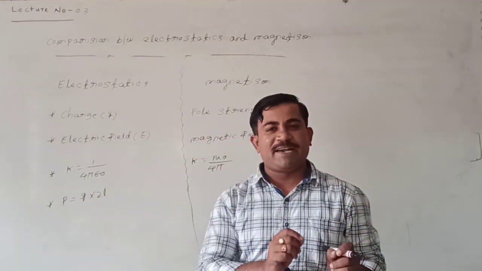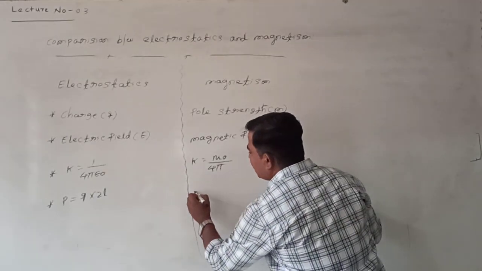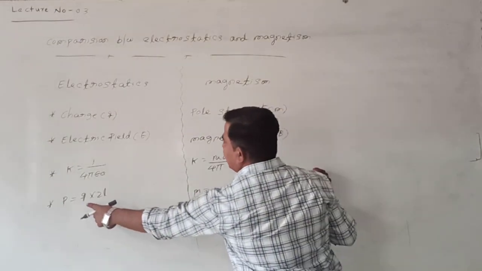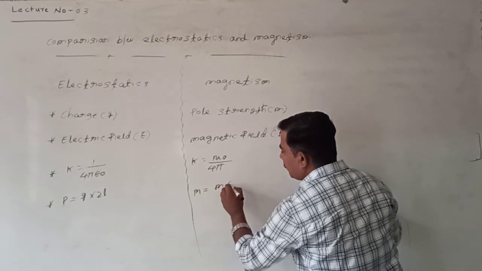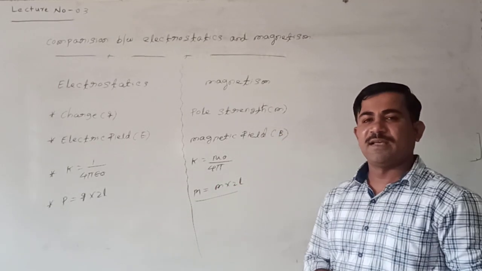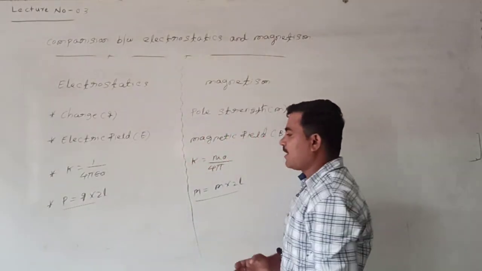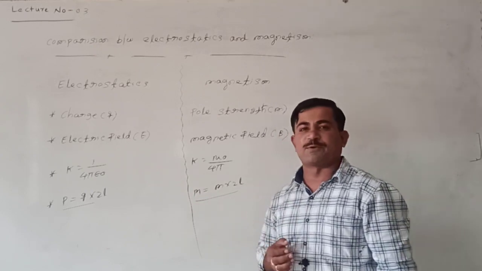Similarly, in magnetism, the magnetic dipole moment is capital M. So q is replaced by small m, that is pole strength. M is equal to m into 2l. In electrostatics, dipole moment is represented by this formula, and in magnetism, magnetic dipole moment is represented by this formula.